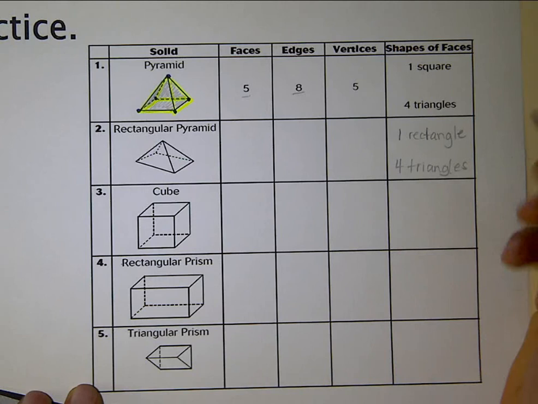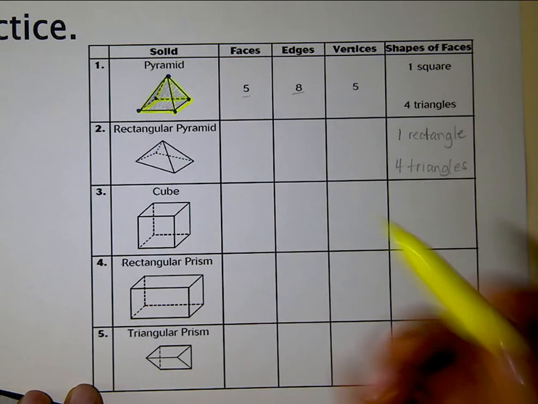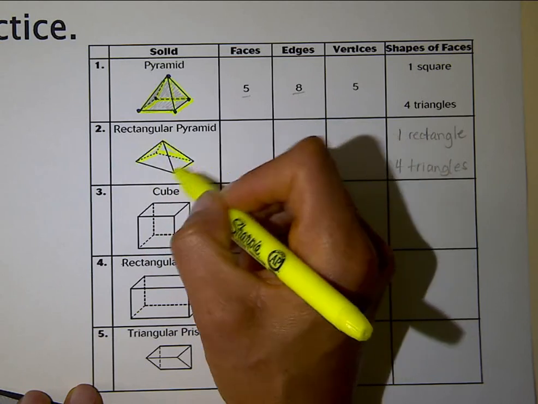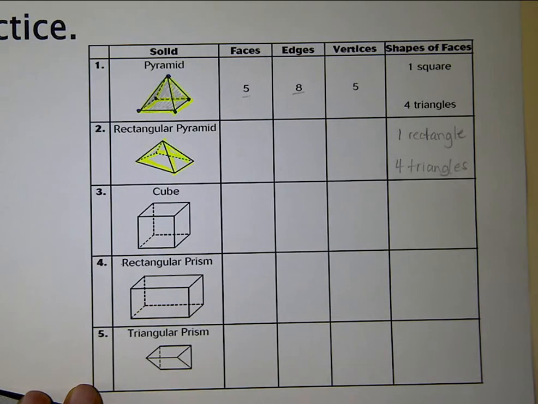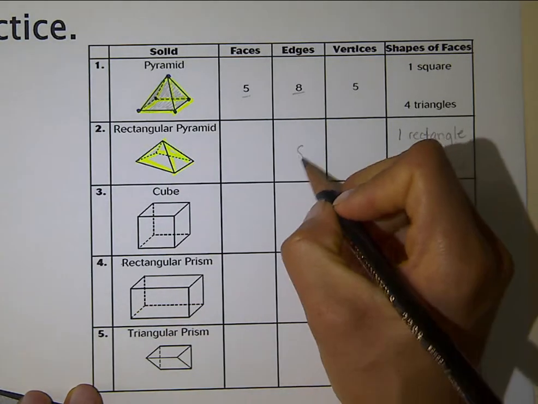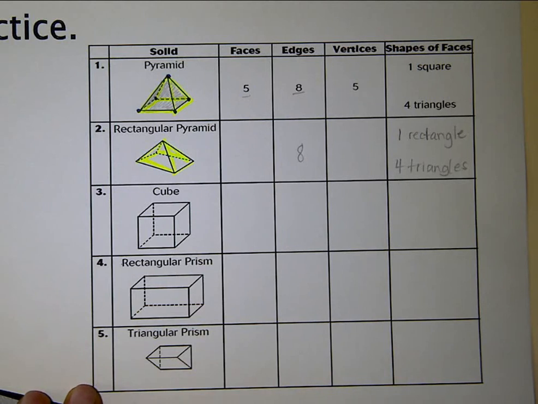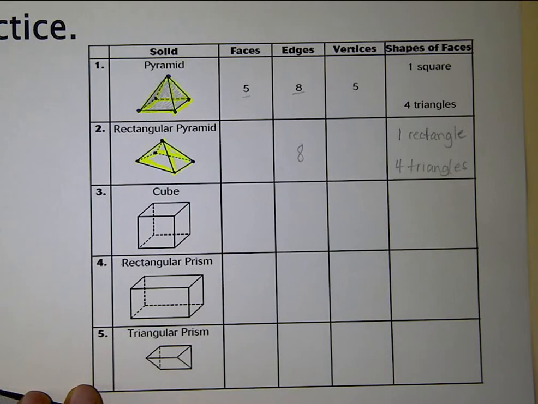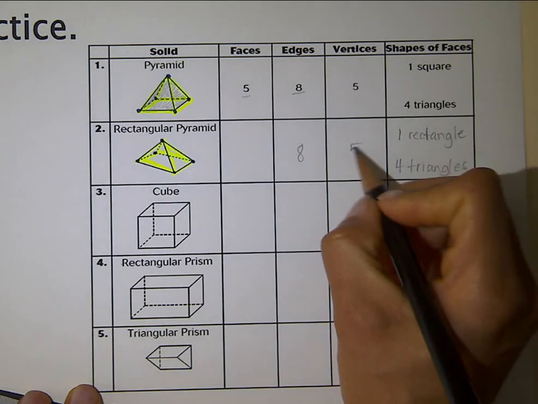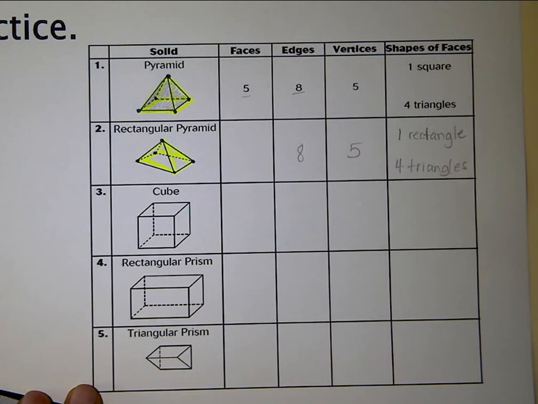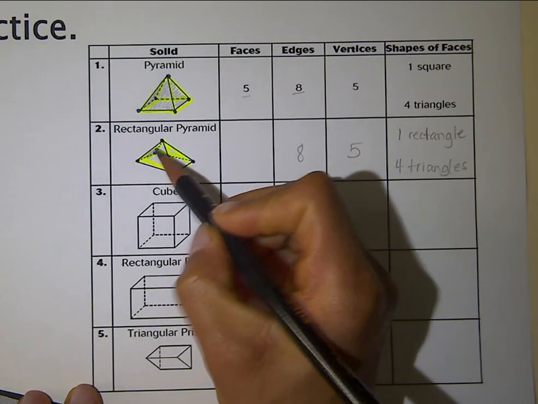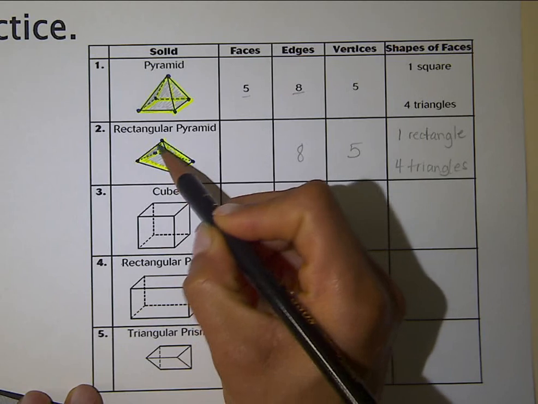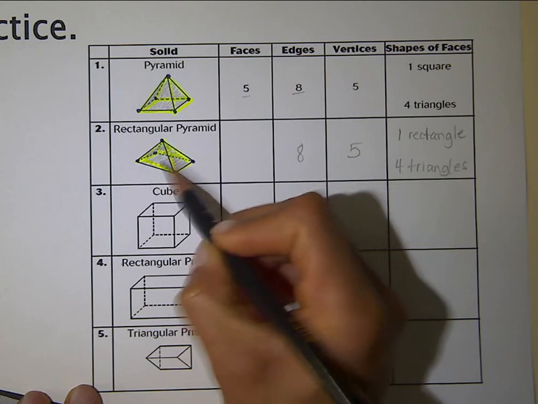Okay, let's do the edges. 1, 2, 3, 4, 5, 6, 7, 8. 8 edges. Okay, let's do the vertices. 1, 2, 3, 4, 5. There are 5. Now let's go ahead and shade it in to count the faces. 1 over on that side, 2 on this side, 3 is the front, 4 makes the back, and 5 is the bottom.